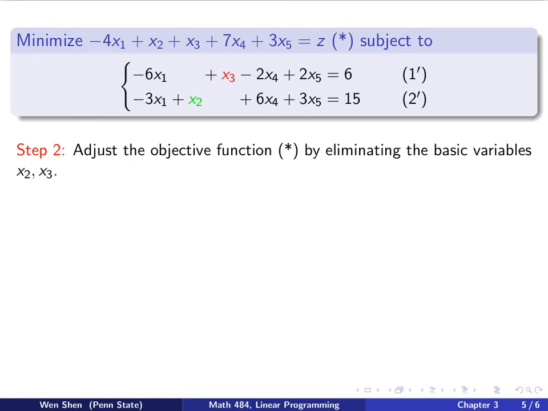There are various ways of thinking of doing that. One could say, if you want to get rid of x2, then you could write x2 in terms of everything else from equation 2 and plug the expression in, and then you do it for x3. But there is another way of doing it, more in the same spirit as pivoting. Let's explain.